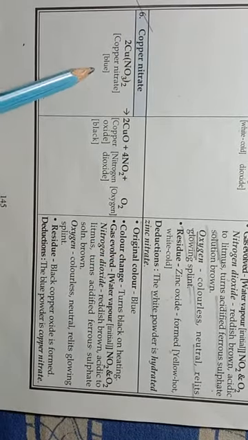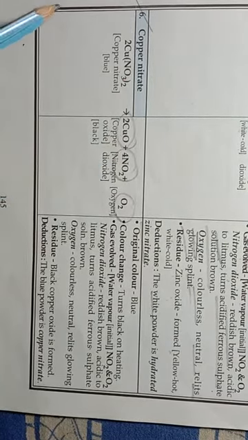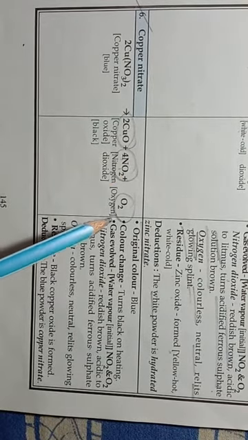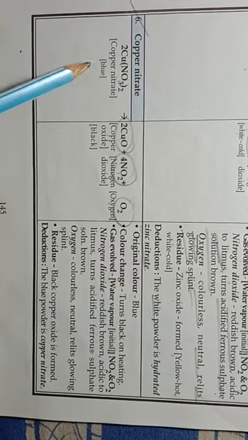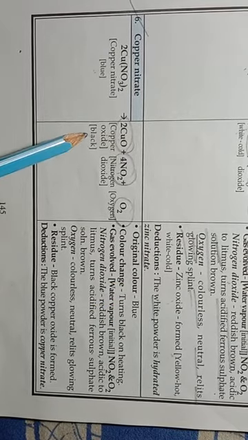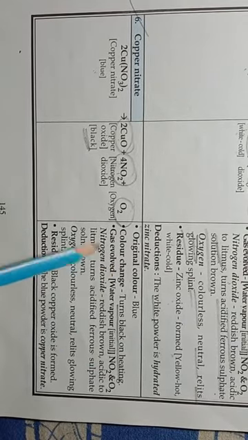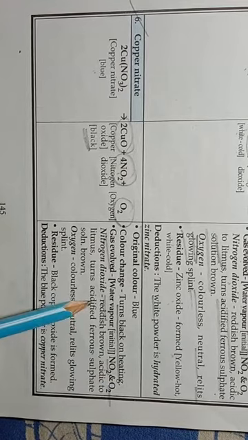This is copper nitrate, which also decomposes into copper oxide, NO2 and O2. Nitrogen dioxide, so both nitrates produce NO2 as a byproduct. The original color is blue, which turns from blue to black on heating. Gases evolved: water vapor, NO2 and O2.